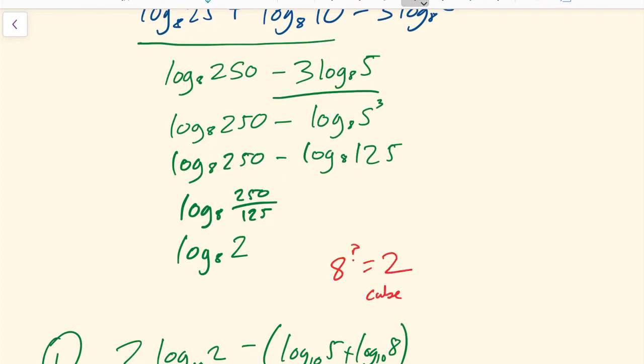Well, I know this is the cube root, and a cube root is a power of 1/3. So the answer to this is 1/3, because 8 to the power of a third is the cube root of 8, which is 2, and this is our final answer here.